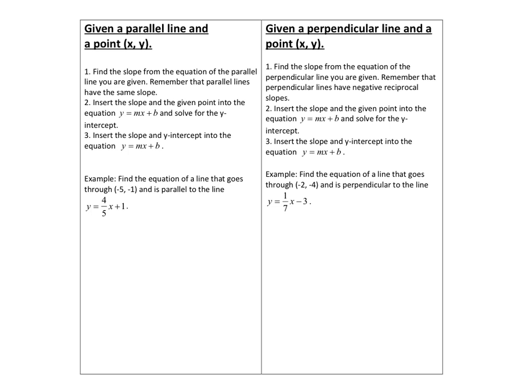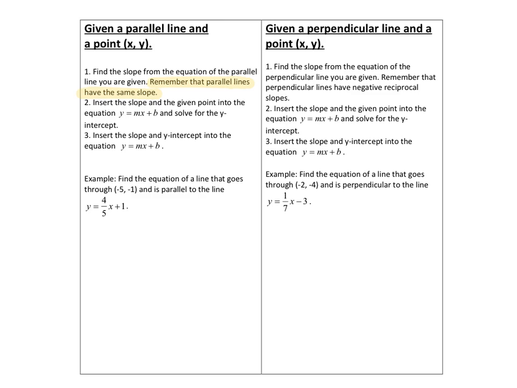Here is the big takeaway, and you can see it up here. When you are trying to find the slope from the equation of a parallel line, you must remember that parallel lines have the exact same slope. So what's going to happen is you will be given a line. If it is a parallel line, you just want to identify the slope, which is your m value, and make sure that it is the same in the new equation.